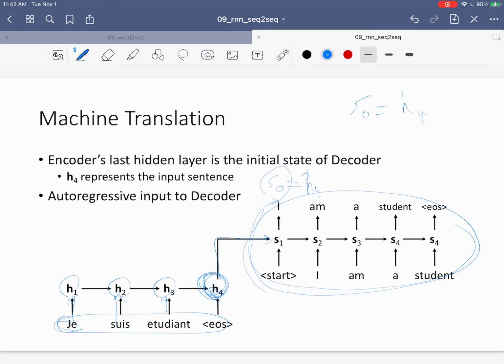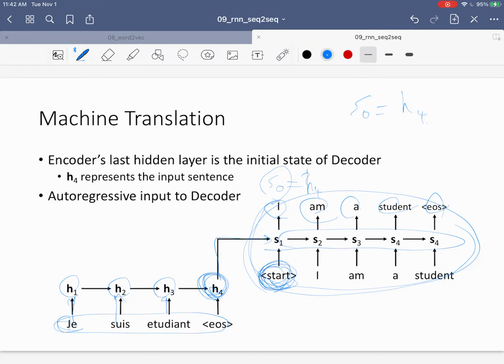Then you start with your first word, which we introduced as a start token. In order to predict "I am a student" at each time step, you need to put something inside your decoder RNN. The first token that you input is the start token, which means start translating now.